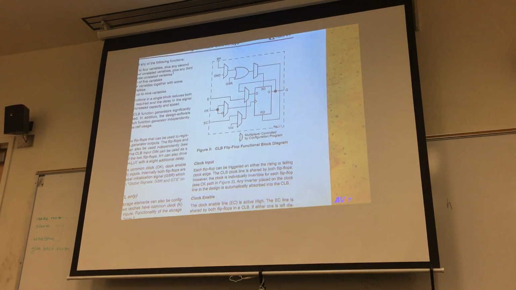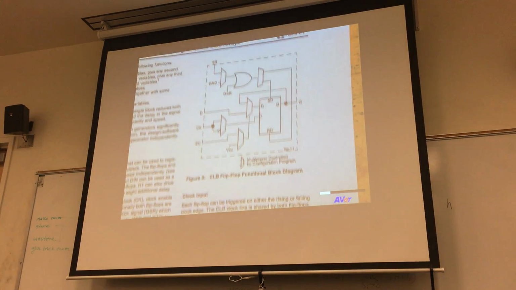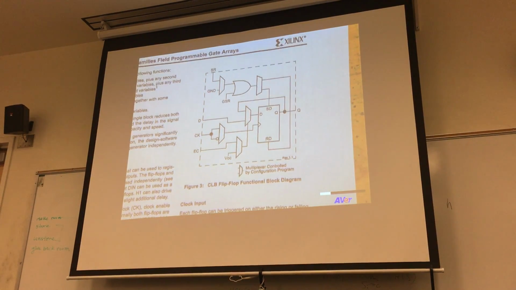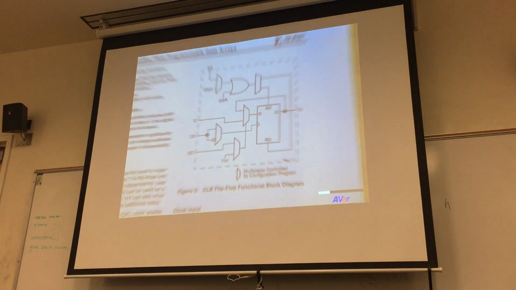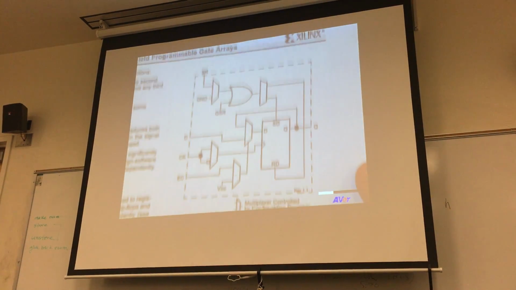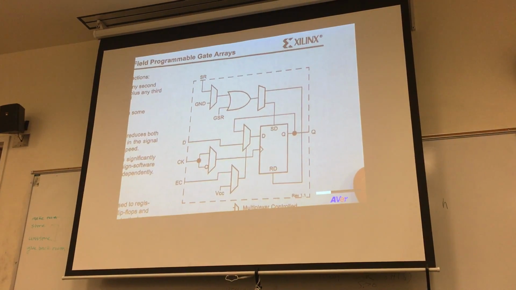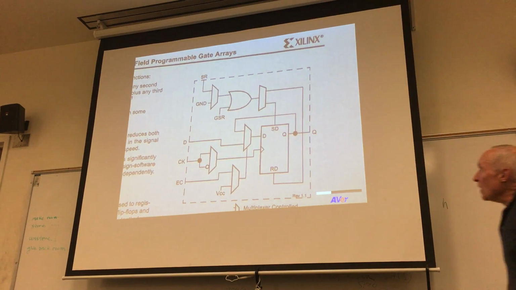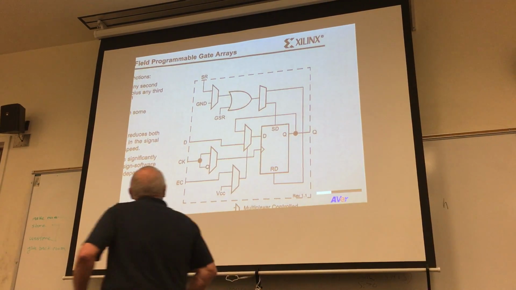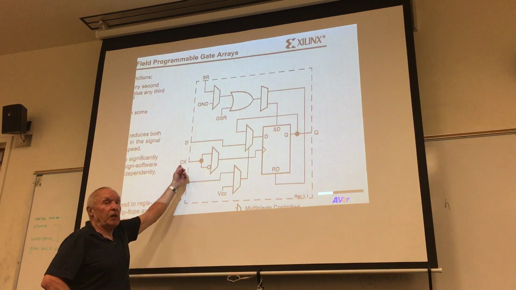This figure 3 here shows a little more detail of that register. And you actually have quite a bit of capability on this register. First of all, you'll notice here's your clock.